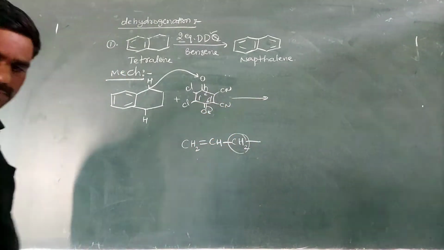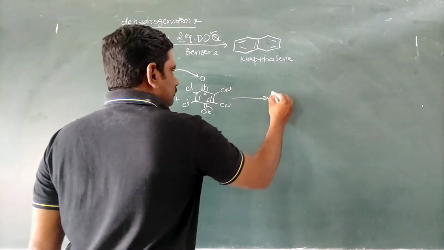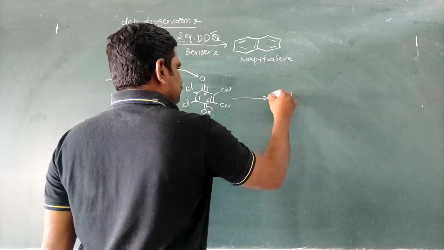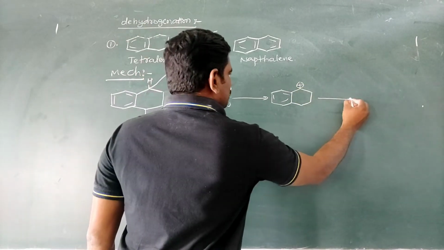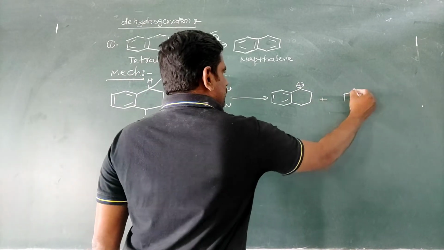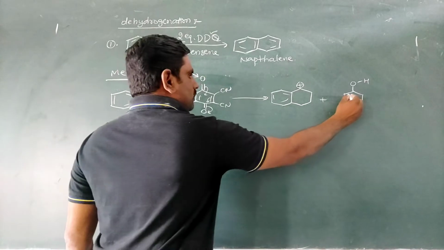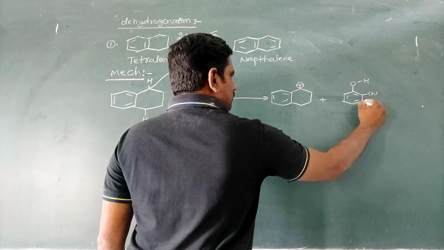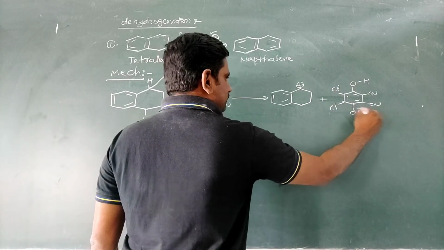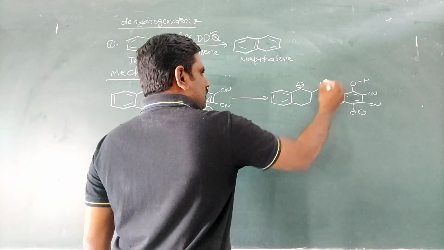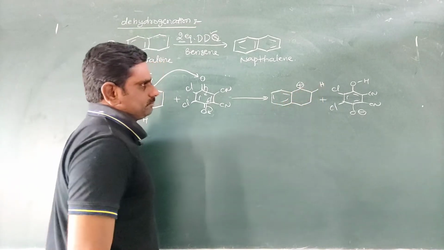After this rearrangement, a positive charge is formed here. Like this, a positive charge is formed, and the DDQ molecule is turned into the OH compound, and after rearrangement, the rest of the molecule is the same, with O-. And see here, the carbocation has a hydrogen, an sp3 hydrogen.